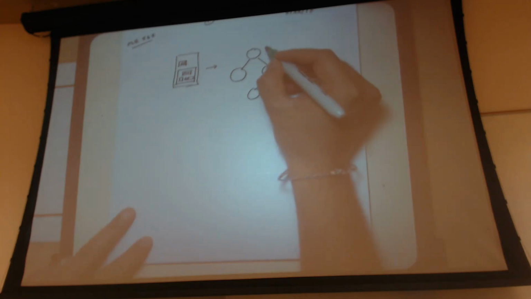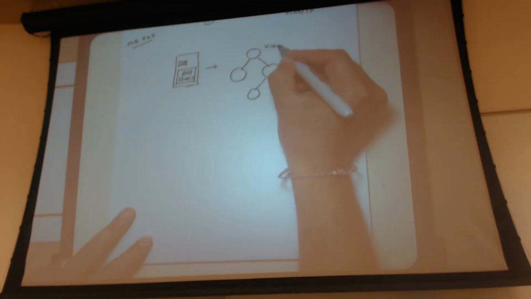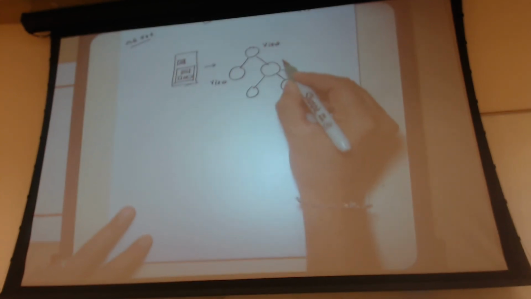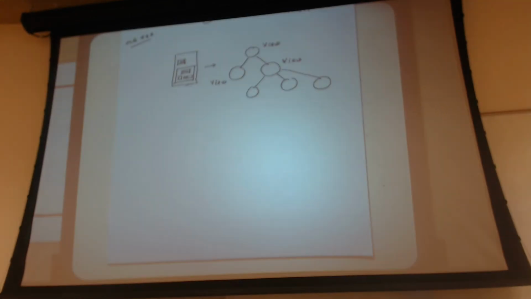Each node of this tree is termed as a view. It's a view type of node. The type of each node in this tree is a view. Right? This is the abstract class, the view abstract class. Now a view can be a button, a view can be a frame, it can be a drop-down menu or anything. But it is termed as view. That's the base class or the abstract class, view.